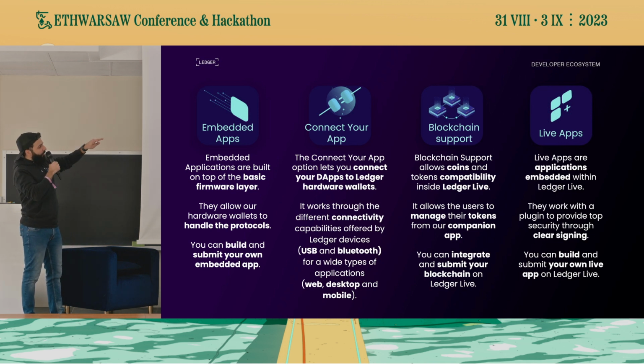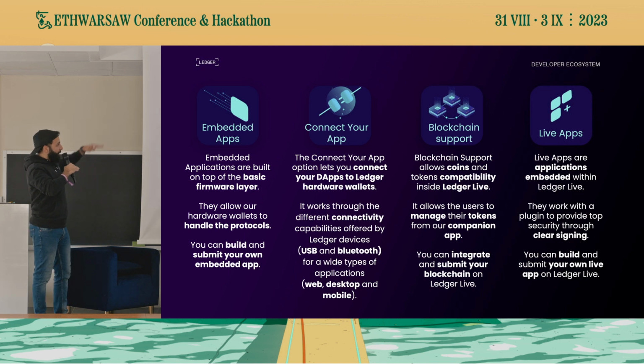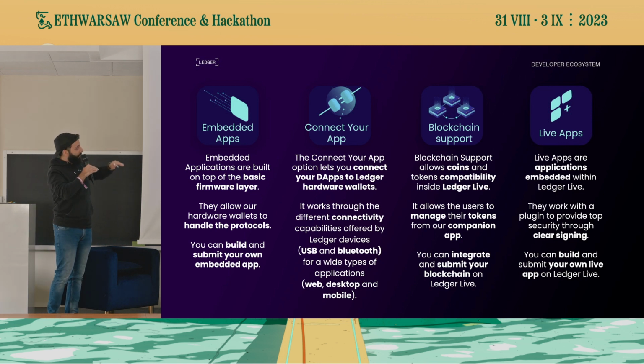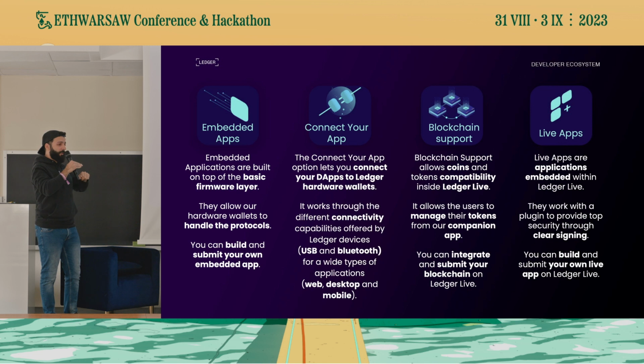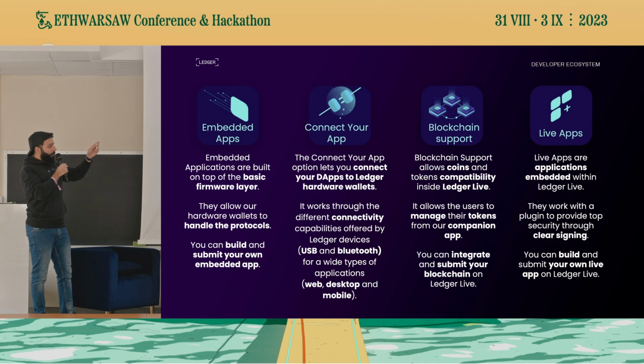And we switch to the third column, what I call the blockchain support. For me, it is the second layer that will come on top of the first one. So you have the embedded app, first step. Second step, the blockchain support integration, comes just after, on top of the first one. Why? Because if you want to have a blockchain supported, you need the first step.